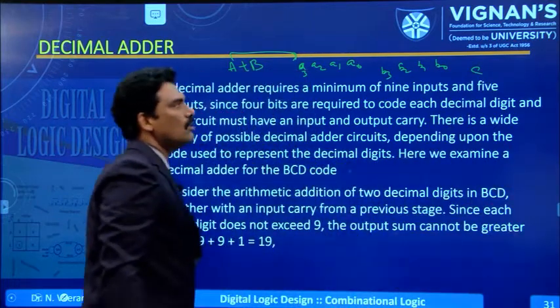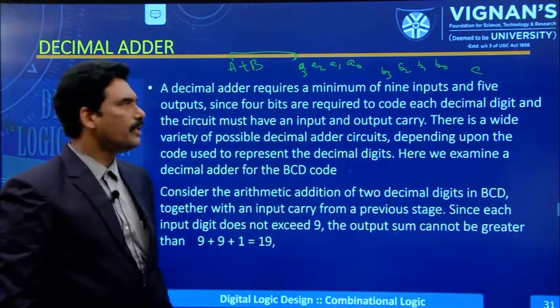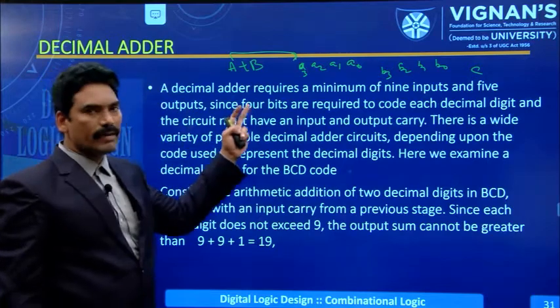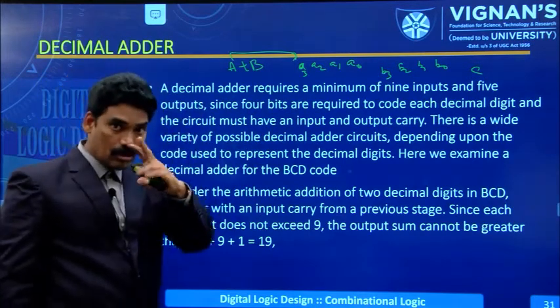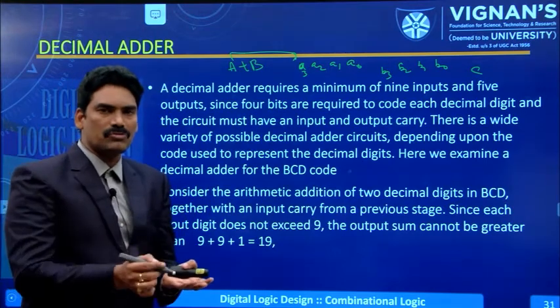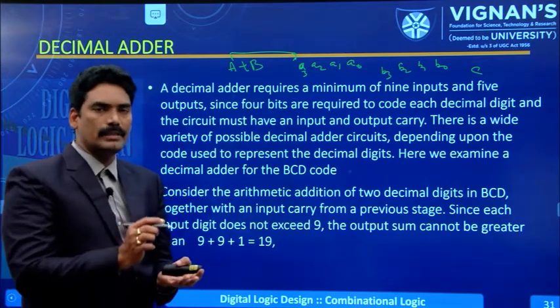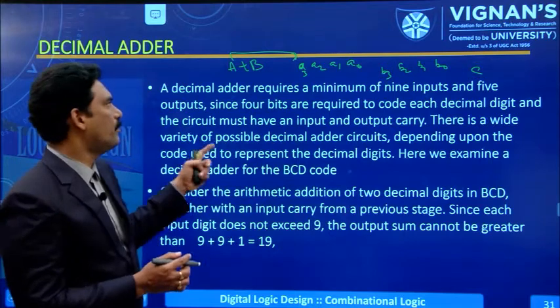That is a total of 9 inputs. A decimal adder requires a minimum of 9 inputs and 5 outputs: S0, S1, S2, S3, 4 bits, and a carry, that is 5 bits.